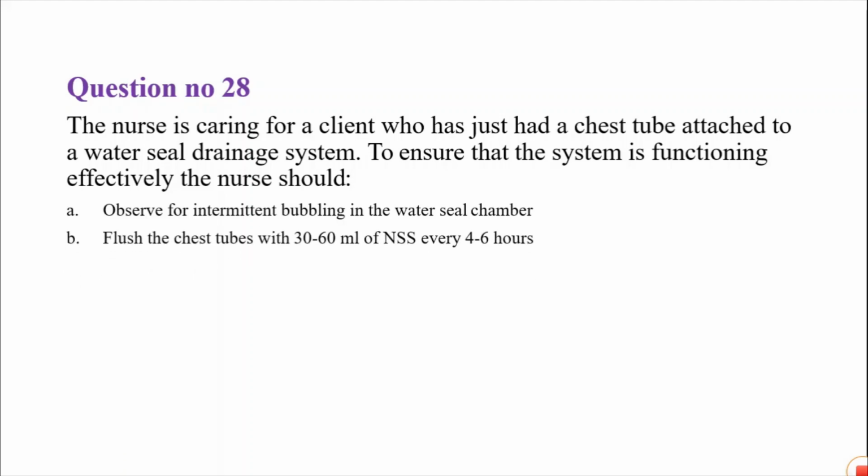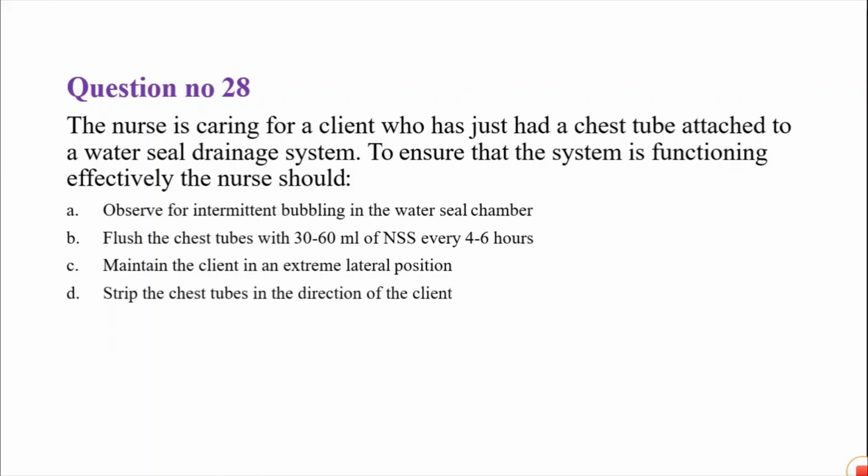Number B, flush the chest tube with 30 to 60 ml of normal saline every 4 to 6 hours. Number C, maintain the client in an extreme lateral position. Number D, strip the chest tube in the direction of the client.